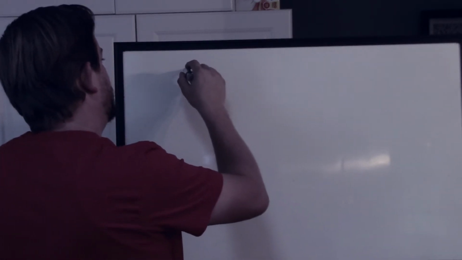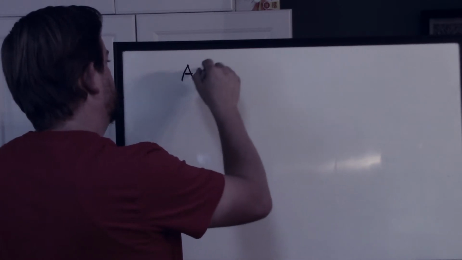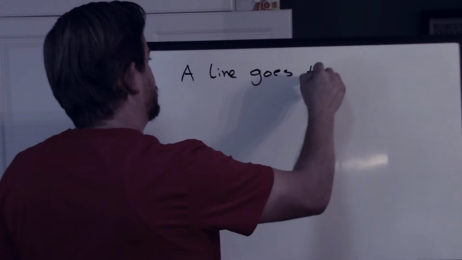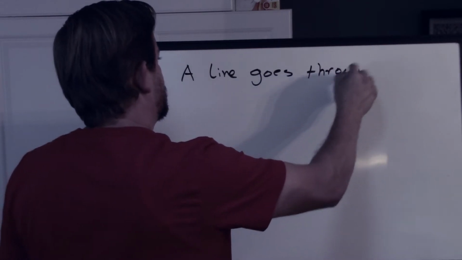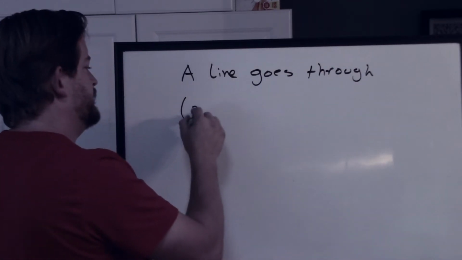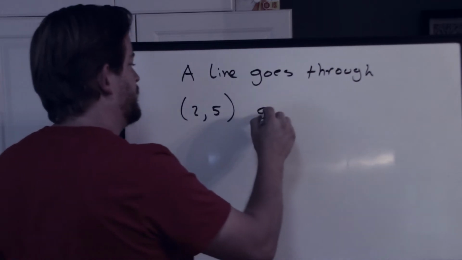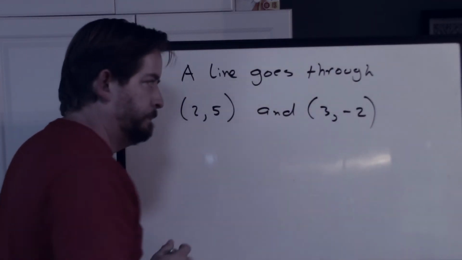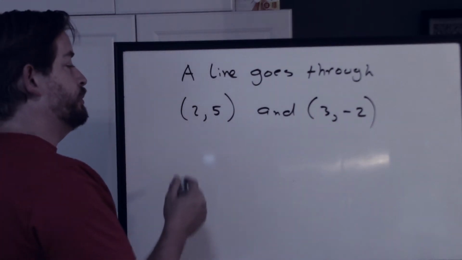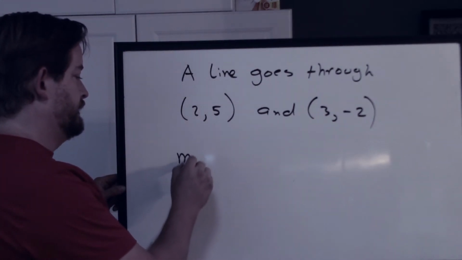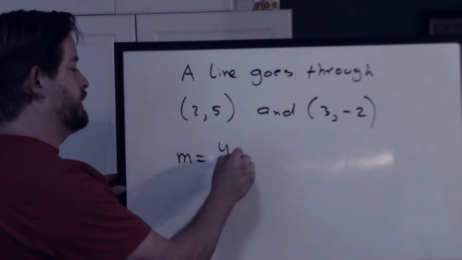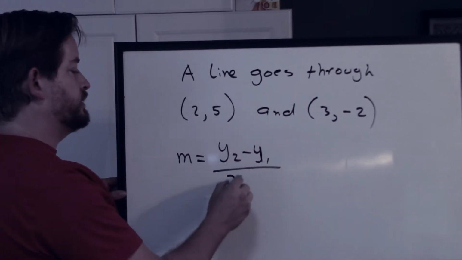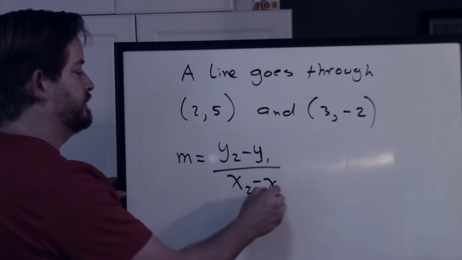Let's say I have a line that goes through 2 points, let's say (2, 5) and (3, -2). Right? If I want to find the slope, that m is y2 minus y1, the difference in my y's, over x2 minus x1. Right?